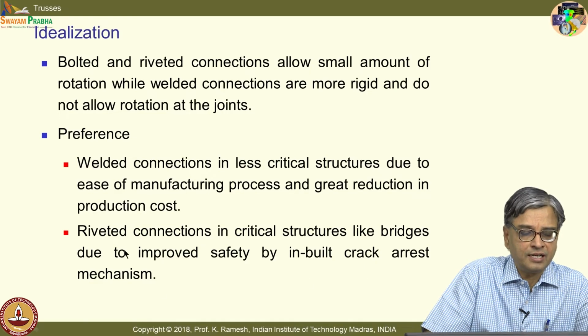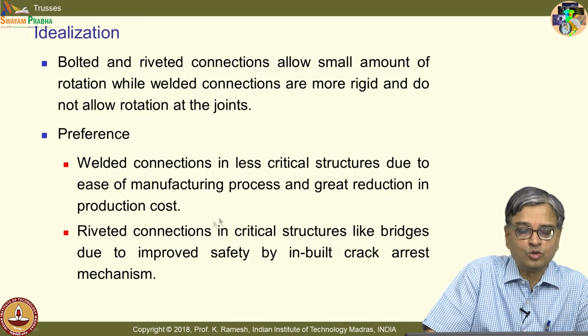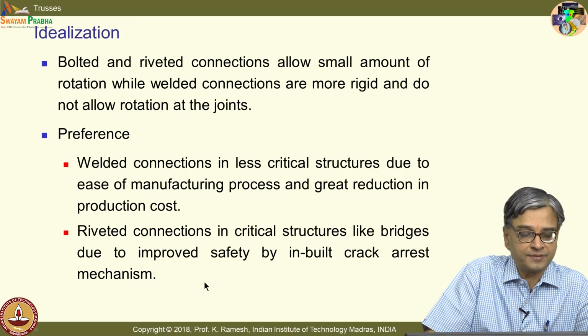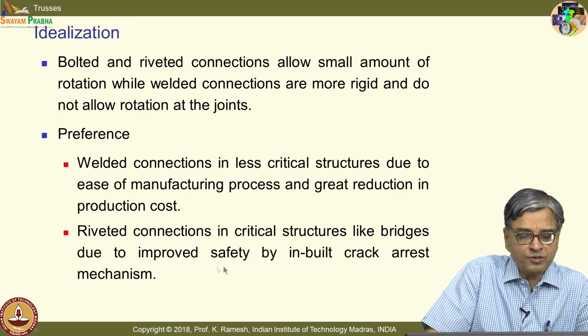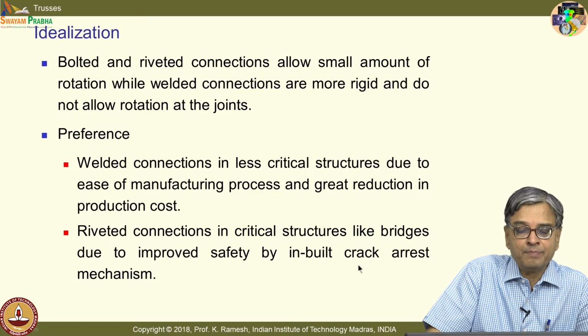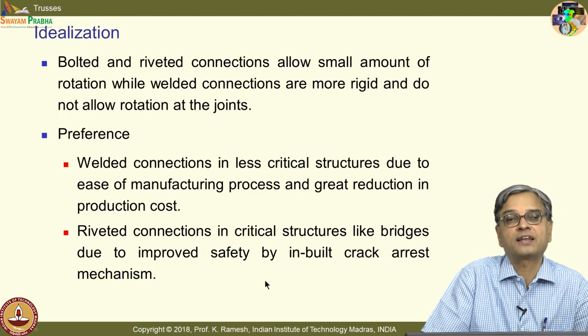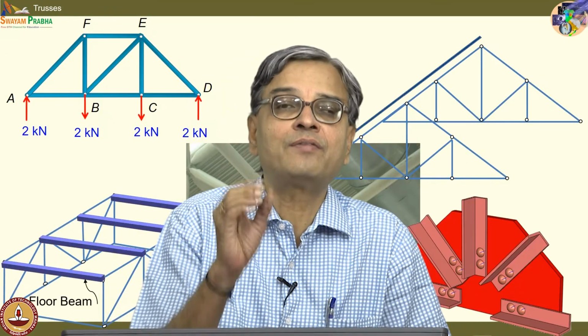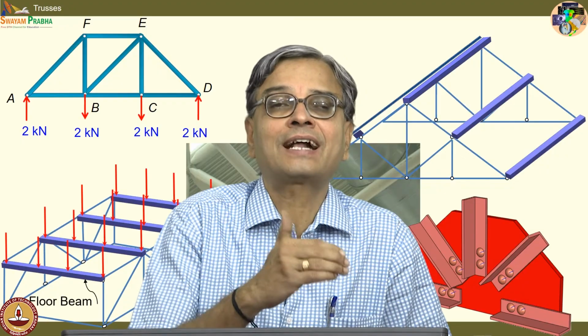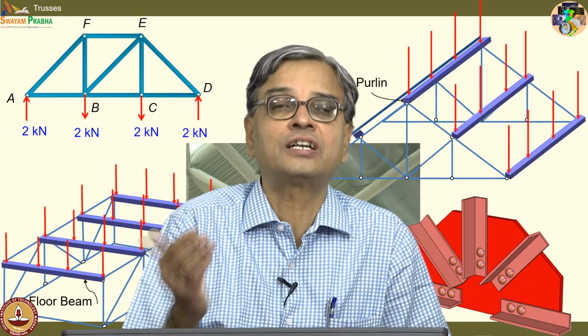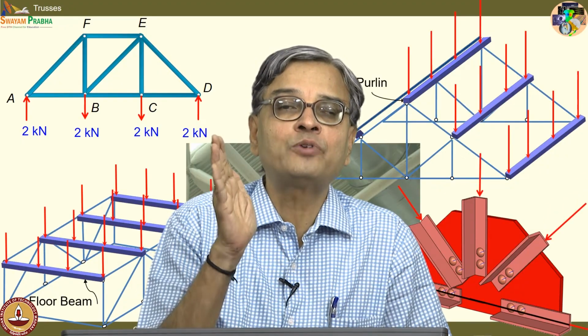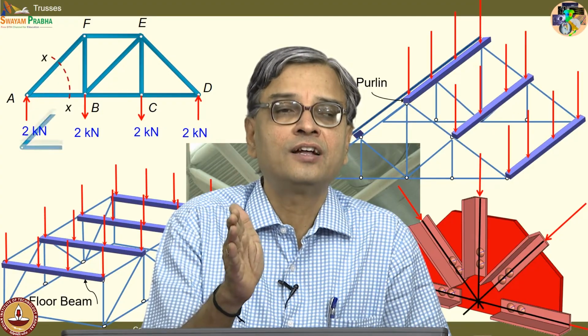In general, riveted connections are to be used in critical structures like bridges due to improved safety by an inbuilt crack arrest mechanism. The advantage is when I have a riveted hole, if a crack has developed in the structure, it would propagate and come to a halt at the hole.